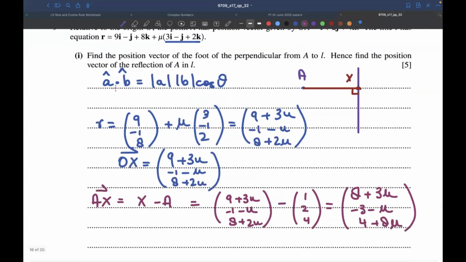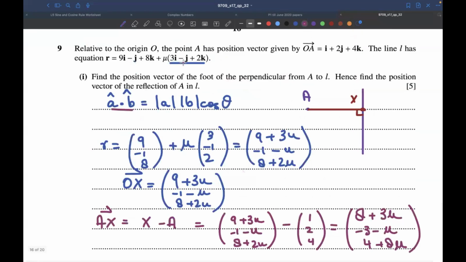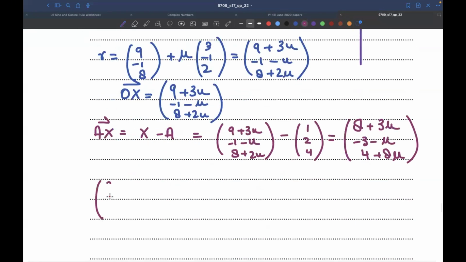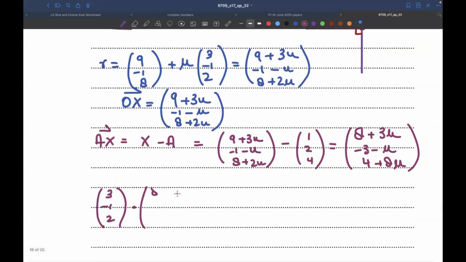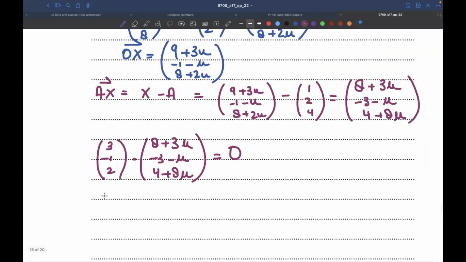So we'll now substitute this into the formula A dot B. We already have the direction of the line, which is 3, minus 1 and 2. And when we multiply it with the direction vector of AX, that is 8 plus 3 mu, minus 3 minus mu, and 4 plus 8 mu, that is equal to 0. So when we expand it and multiply, that will become 24 plus 9 mu.